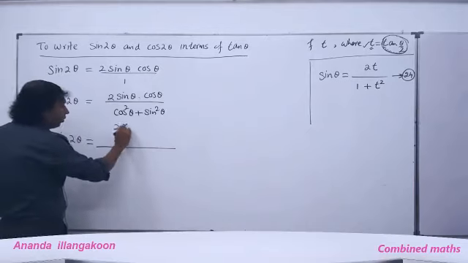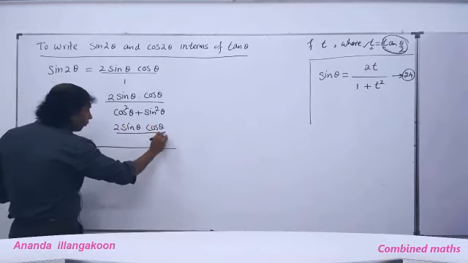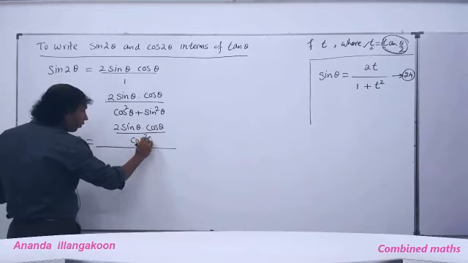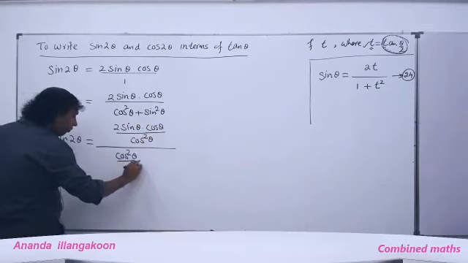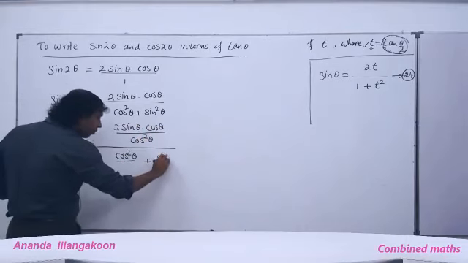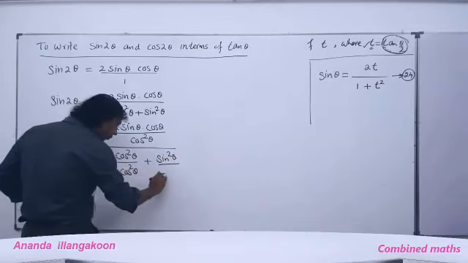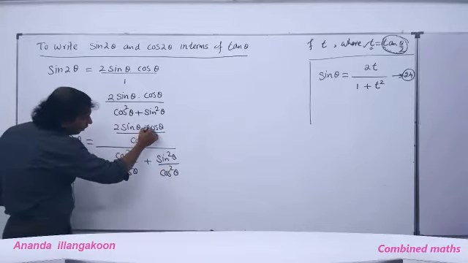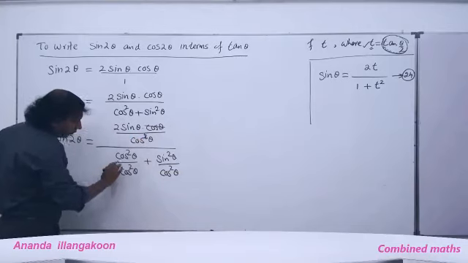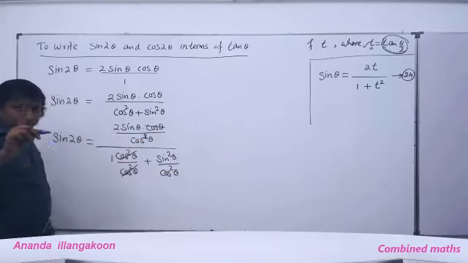We divide this numerator by cos squared theta, and both terms of the denominator we divide by cos squared theta. One cos theta term you can cancel down with this 2 here. This cos squared theta and this cos squared theta, we can cancel down, we get 1.